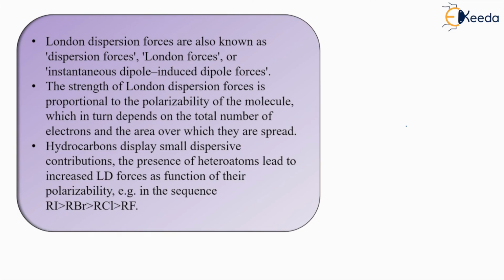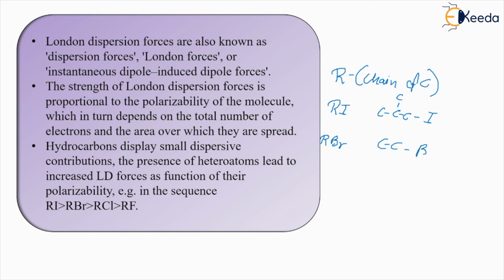Example, a sequence can be, I can take R as any alkyl. R is nothing but the chain of carbons. Always remember in organic chemistry, R is nothing but a chain of carbons. That means if I say RI, it can be a chain of carbon. It can be anything but with an I attached to it. RBr, again chain of carbon, Br.